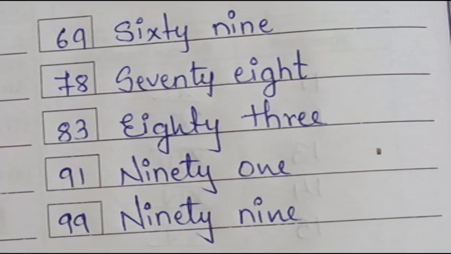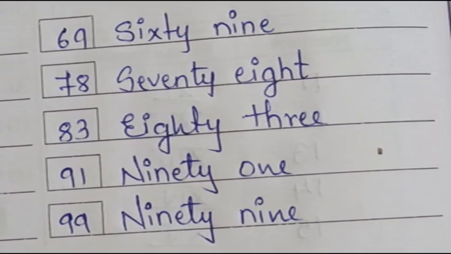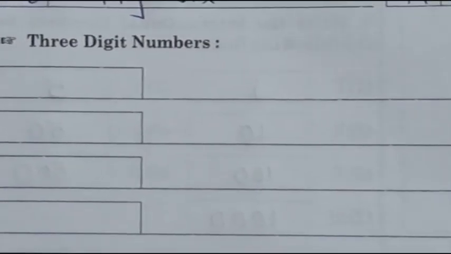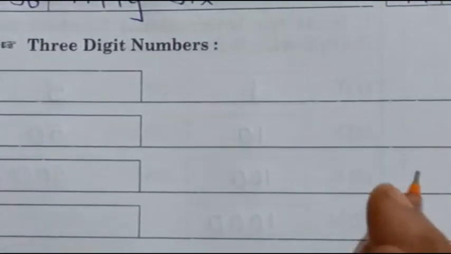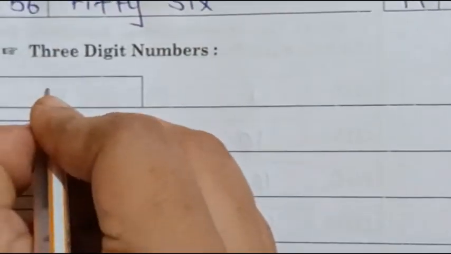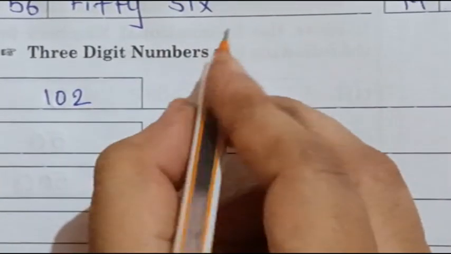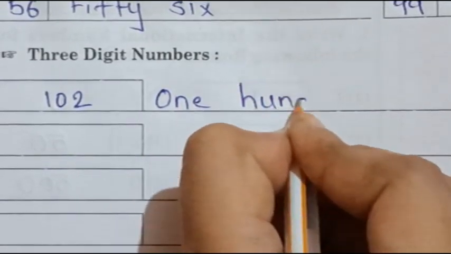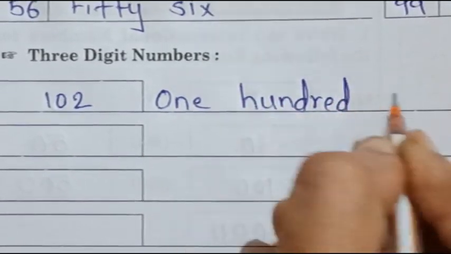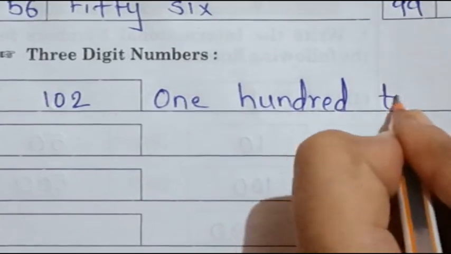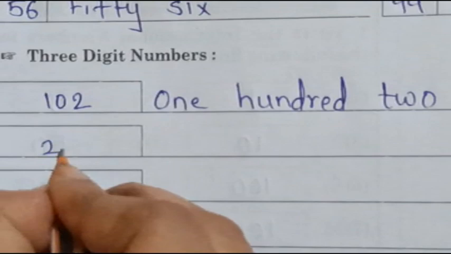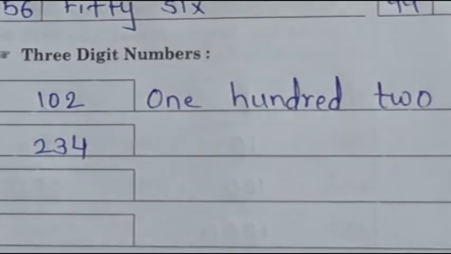Now we'll proceed further for 3-digit numbers. Okay. So here it is 3-digit numbers. So for 3-digit, first I'll write 102. So I will write in words as 100, 102. Okay, the next number I will write 234.